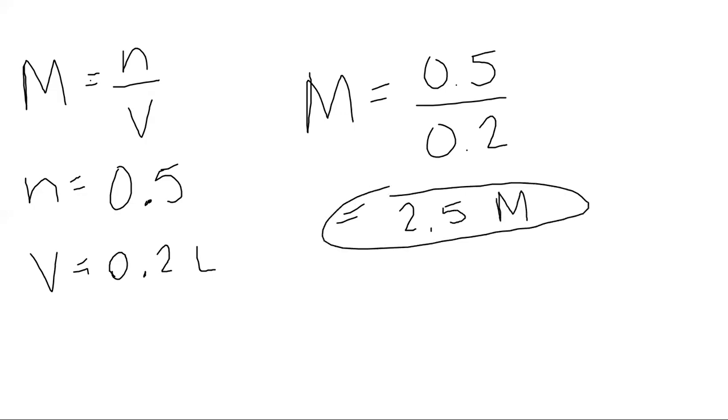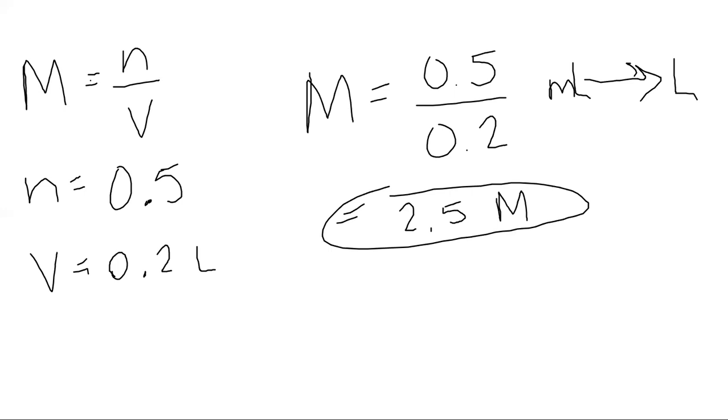And that's all you do to calculate molarity, okay? When calculating molarity, make sure that your volume is in liters and not milliliters. So you want to convert milliliters to liters at all times, okay? So that's one molarity problem.